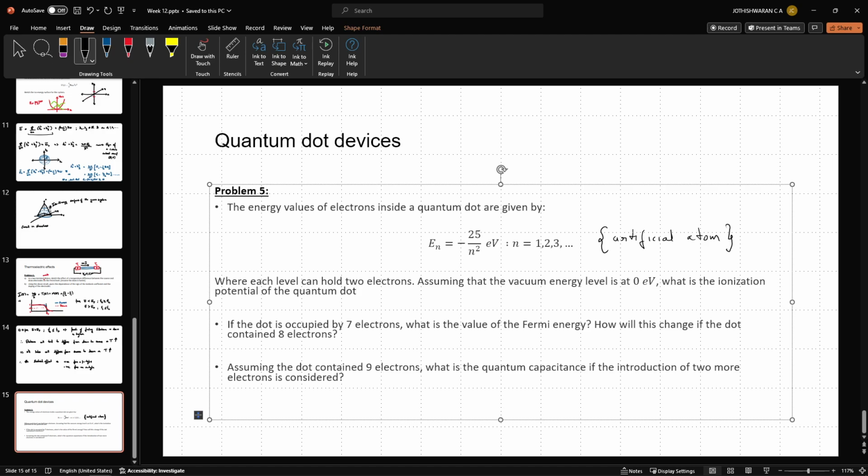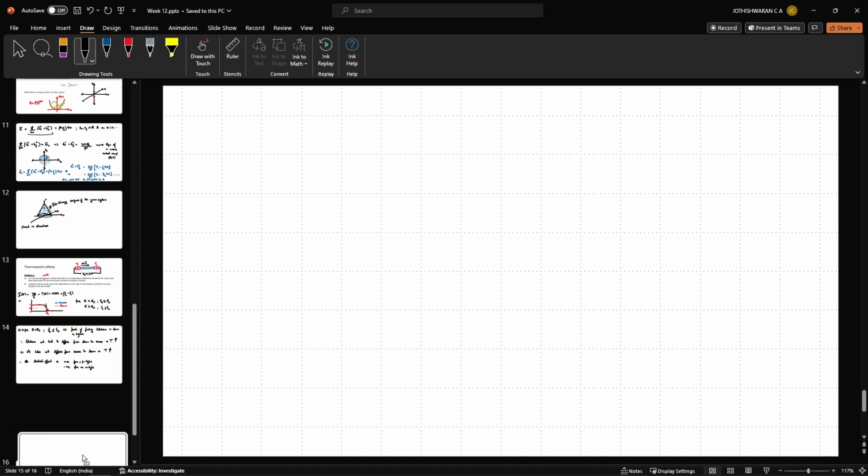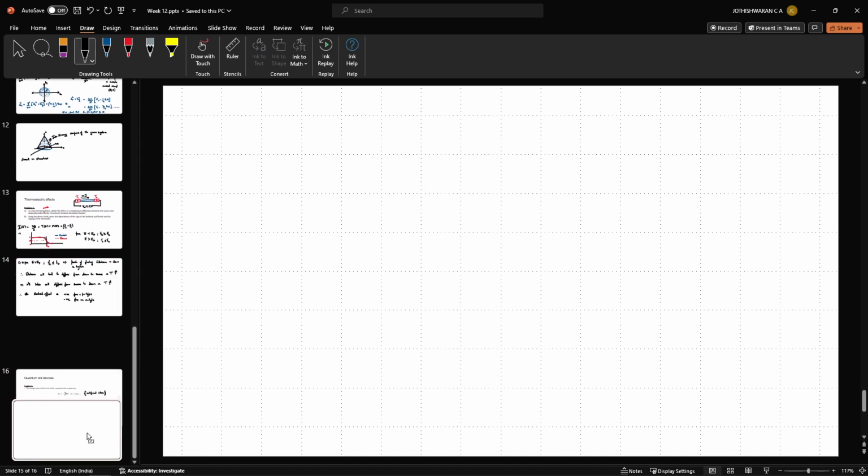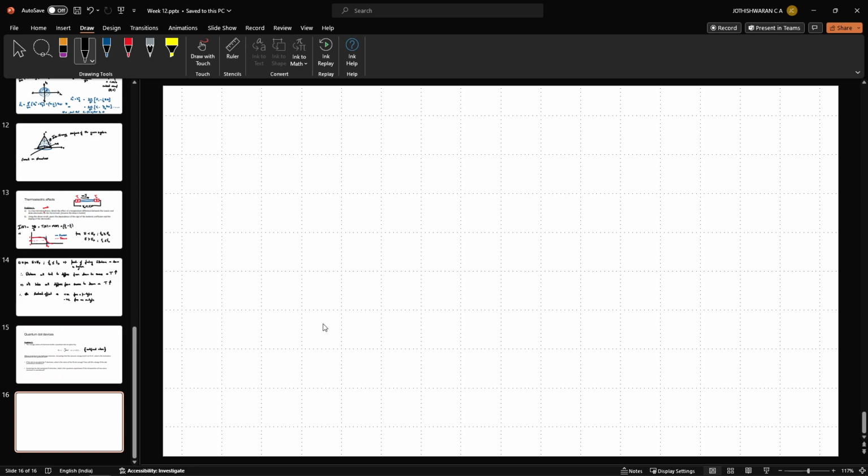So ionization potential, just one second. Let me make a new slide here, drag it down. Typically, ionization potential depends on the number of electrons present in the system.